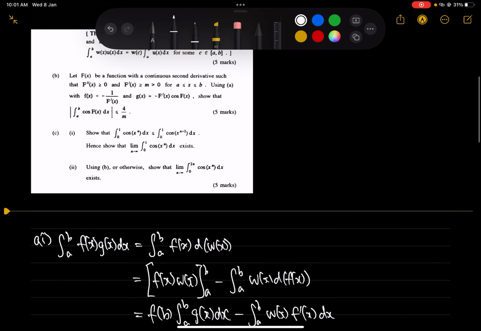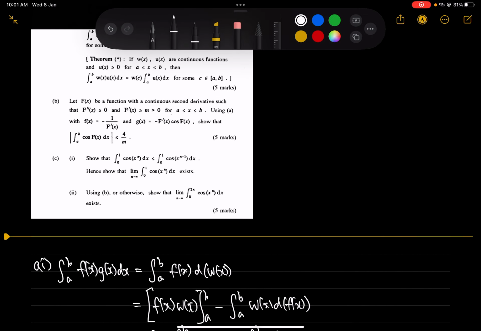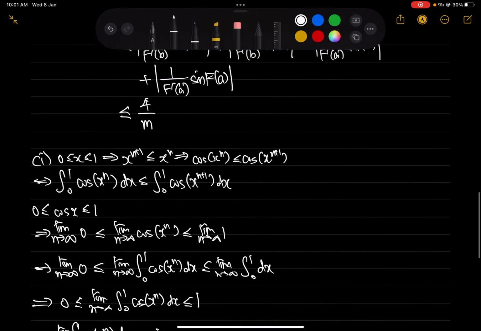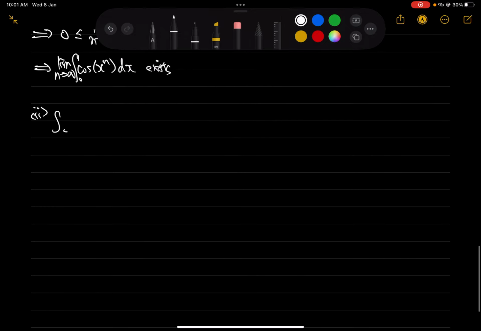C2, we want to show that that limit exists. And we already know that from 0 to 1 integrated of that function, and then take the limit, that limit exists. So all we need is to find this integral from 1 to 2 pi of cosine of x^n dx.